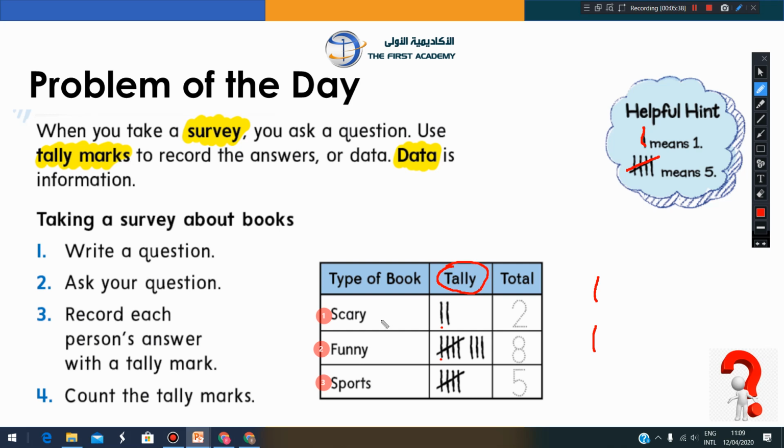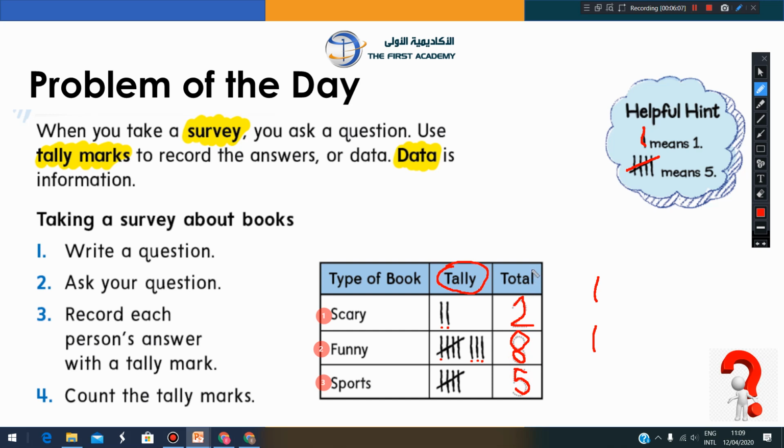Well, scary books, I got one, two scary books. How many funny books? When you see this, you know exactly that it means five. So five, six, seven, eight. Eight people like to read funny books, and five people like to read sports books.